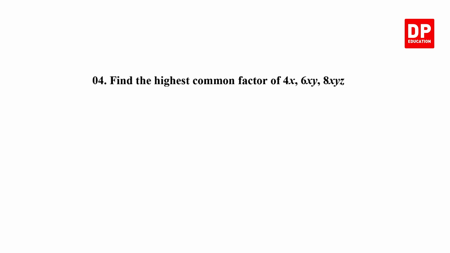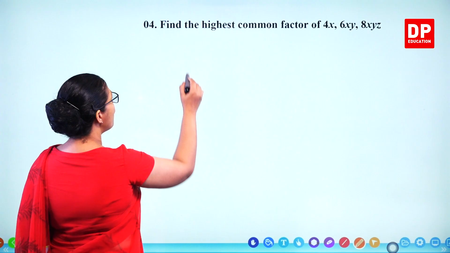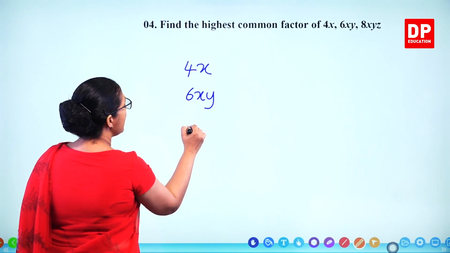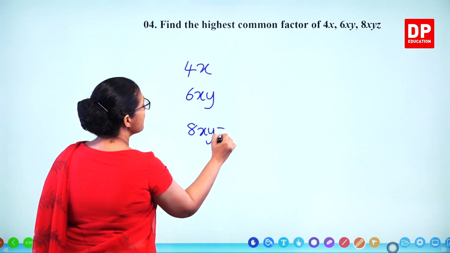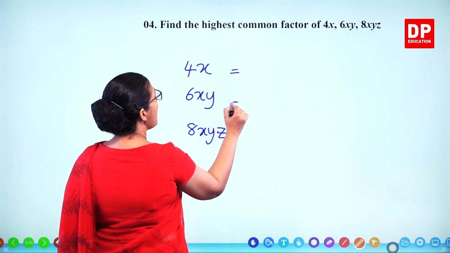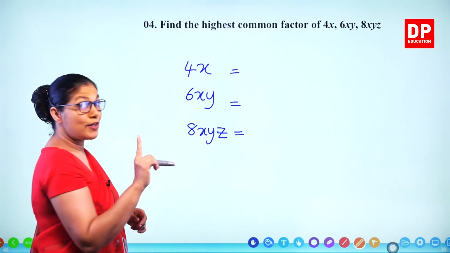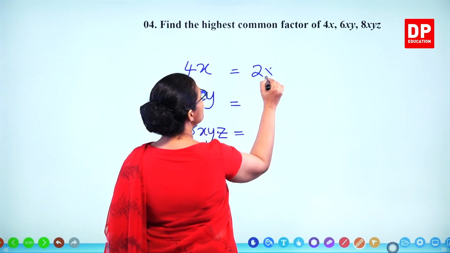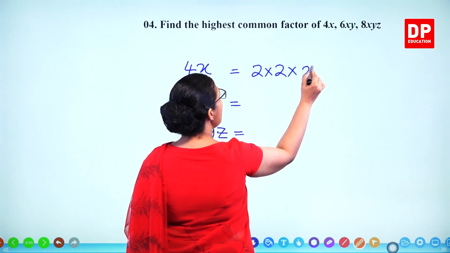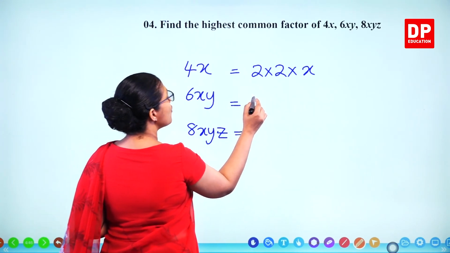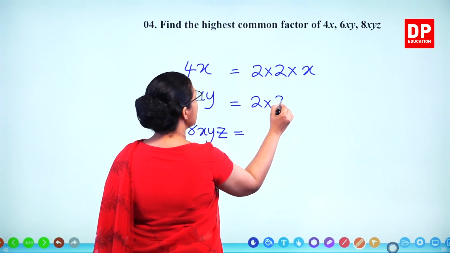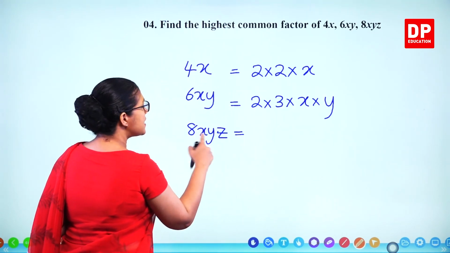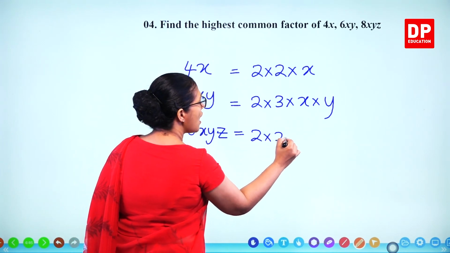Question number 4. Find the highest common factor of 4x, 6xy and 8xyz. So first find out the factors. It's better to take prime factors. 4 is 2 times 2, and then x is there. 6xy, how do you write 6? 2 times 3, x and y there. 8, 2 times 2 times 2.